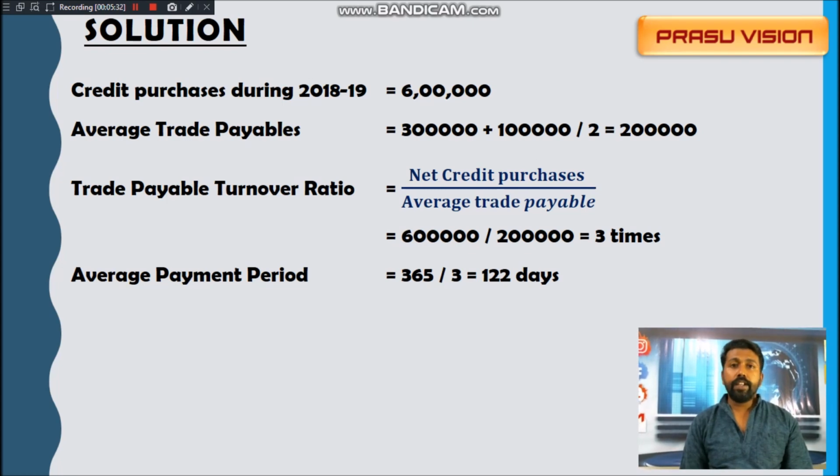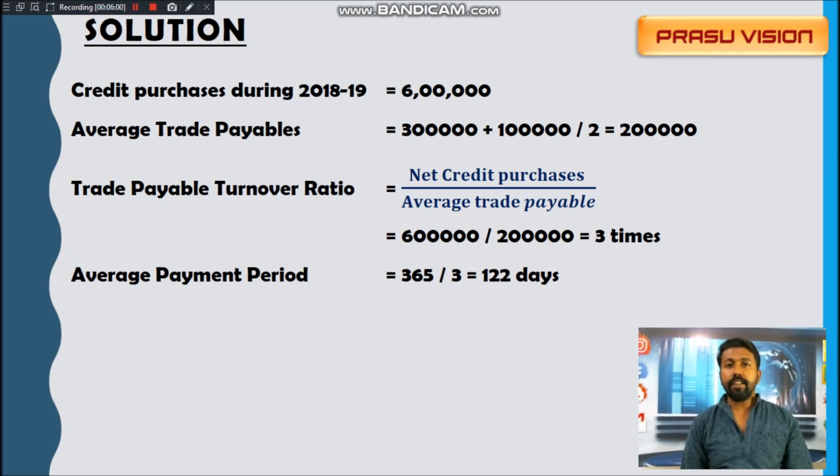And we have to calculate the period of days, the average payment period. In trade receivable turnover ratio, we calculated the average collection period, within how many days we will collect the amount from debtors. But here, in trade payable turnover ratio, we are calculating the average payment period.